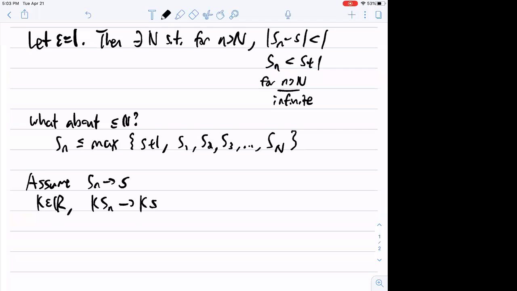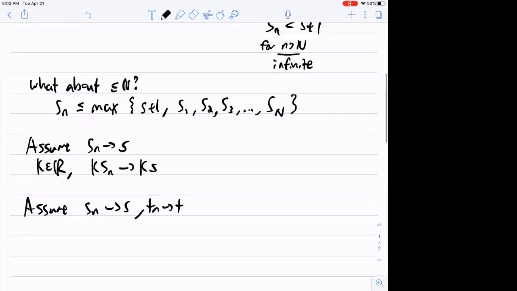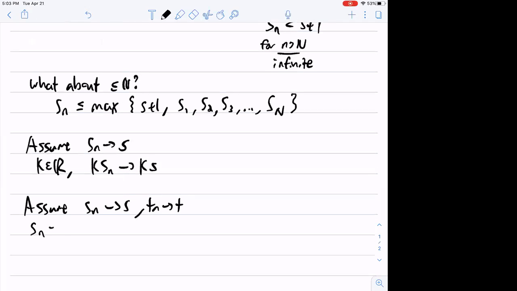By goes to, I mean limit. And similarly, assume Sn goes to s and Tn goes to t, then we have the usual thing: Sn plus Tn goes to s plus t, and Sn Tn goes to st.